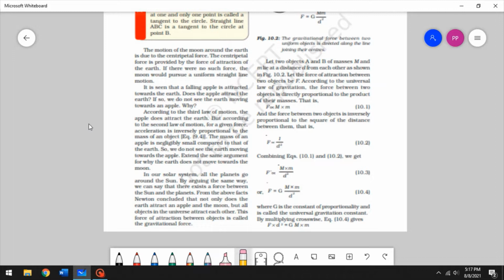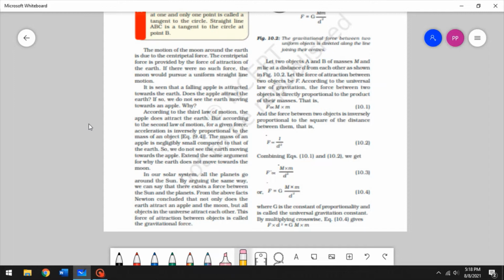He began building upon those truths, and he began concluding a few statements, and once he concluded enough statements, he reached this idea that not only does the earth attract an apple and the moon, but all the objects in the universe attract each other.